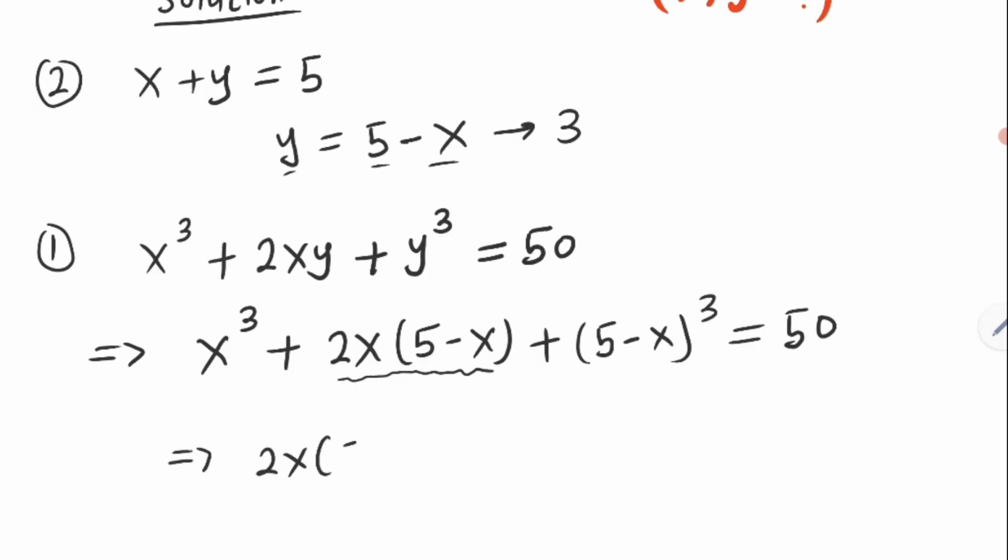2x bracket 5 minus x, this is equal to 2x times 5, this is 10x, minus 2x times x.